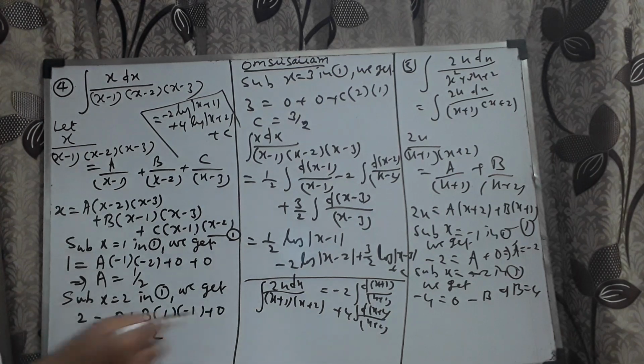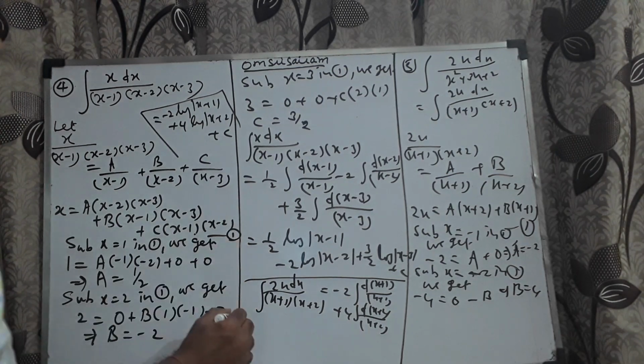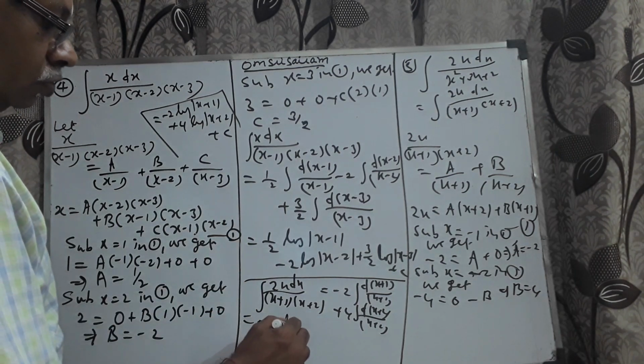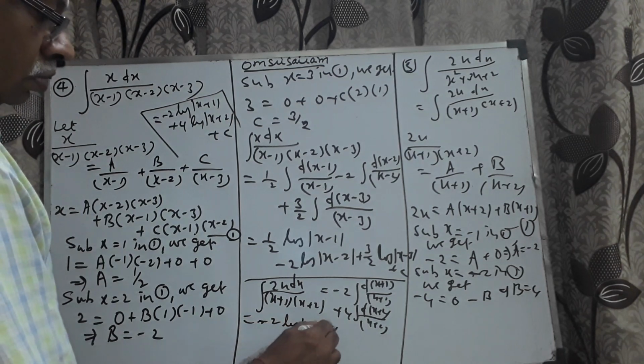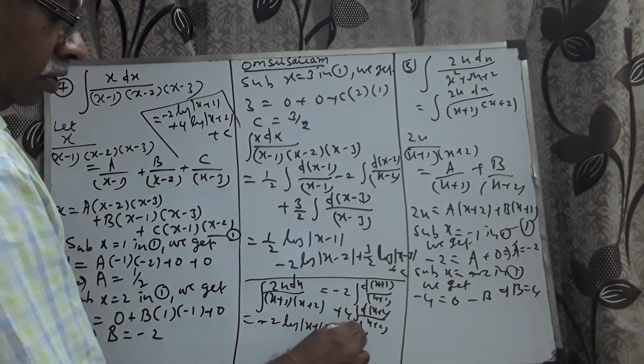This portion may not be visible at times. I will write here again if you want. Minus 2 log mod x plus 1 plus 4 log mod x plus 2 plus c.